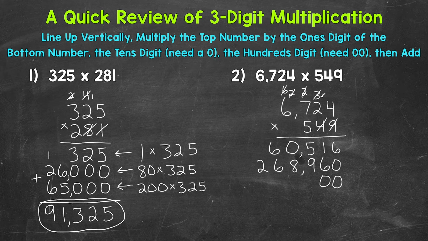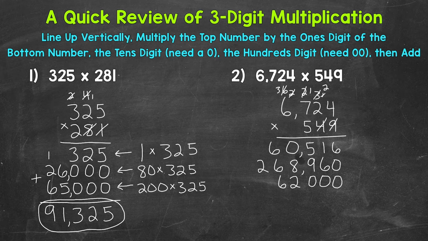Start with 5 times 4, which is 20. So we have another 0. Carry the 2. Then we have 5 times 2, which is 10, plus the carried 2. That gives us 12. Then we have 5 times 7, which is 35, plus the carried 1 is 36.